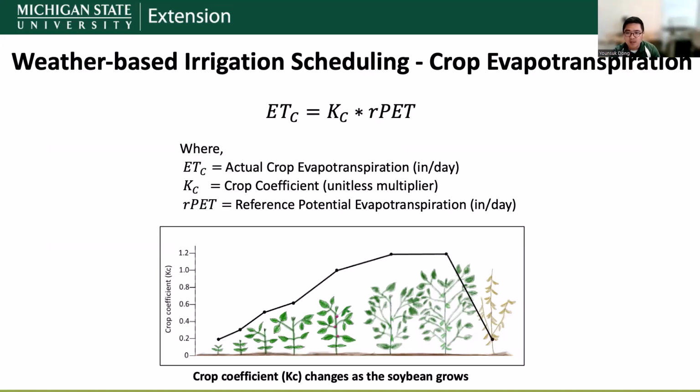We can estimate actual crop evapotranspiration using the crop coefficient and the reference potential evapotranspiration. The crop coefficient is basically a multiplier, and it changes as the crop grows, so it is different for different crops.